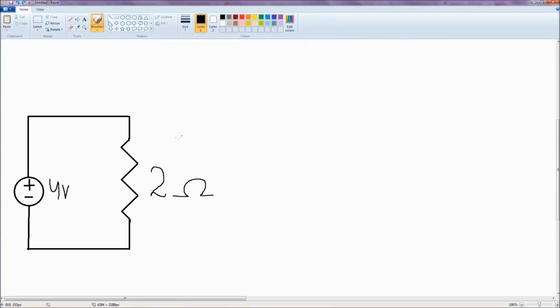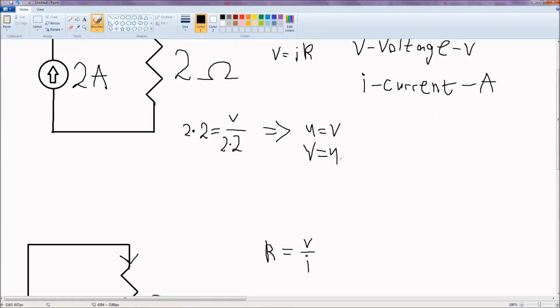Now let's have a look at the circuit with a voltage source. What we don't know here is the current passing through this resistor. Again, with Ohm's law we can easily determine it. This is our Ohm's law formula, and we just plug in what we know. 2 equals, wait a second, I forgot the V, because it is voltage.